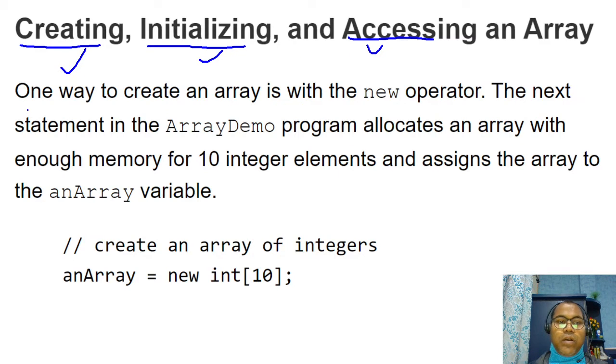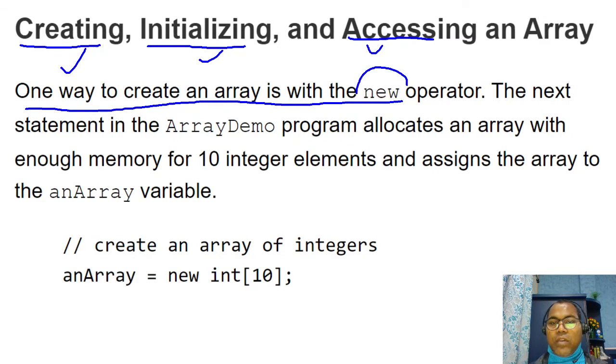One way to create an array is with the new keyword. Let's look at how we can create an array using the new operator. Why do we use the new keyword? Because an array is an object, and our array holds memory in the heap, which is specific to the Java HotSpot JVM.